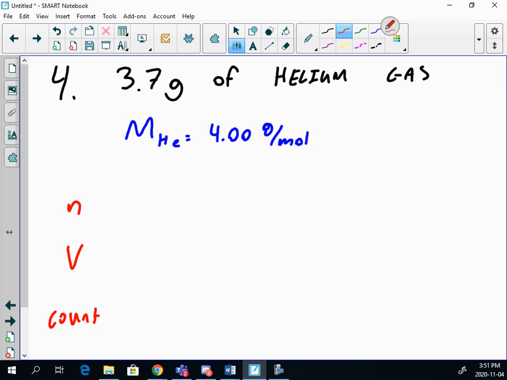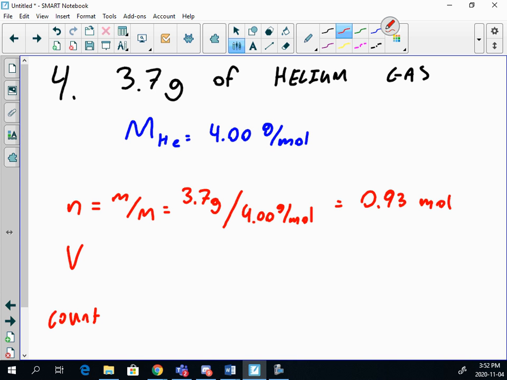We can find the number of moles, if we're going to do this with the formula, by doing our mass over our molar mass. That is to say, we can do 3.7 grams divided by 4.00 grams per mole. And when we do that, what are we going to get? 0.93 moles.